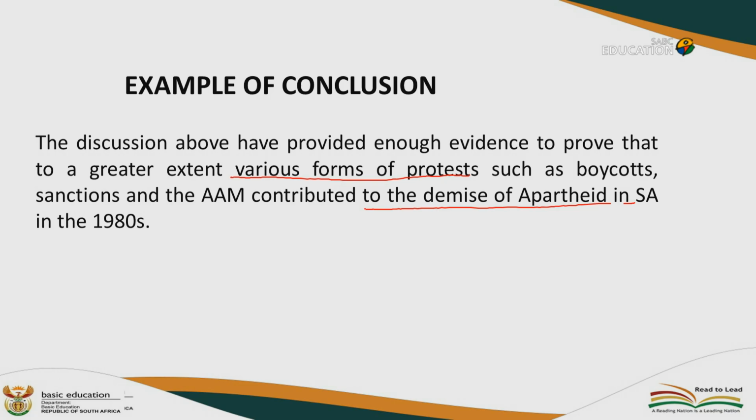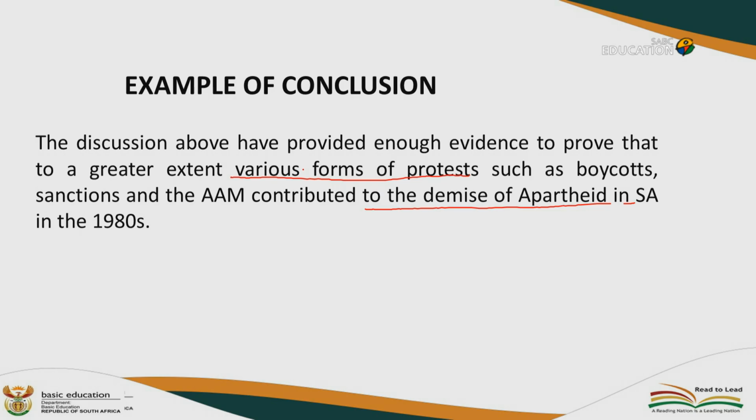Now, whenever you write a conclusion, always go back to your introduction. Your introduction wanted you to make mention of what? The various forms of protest. In conclusion, you also have to revert back to the various forms of anti-apartheid movement and give examples.